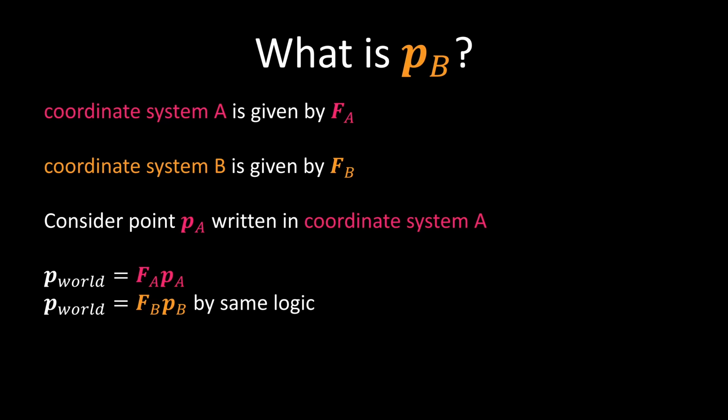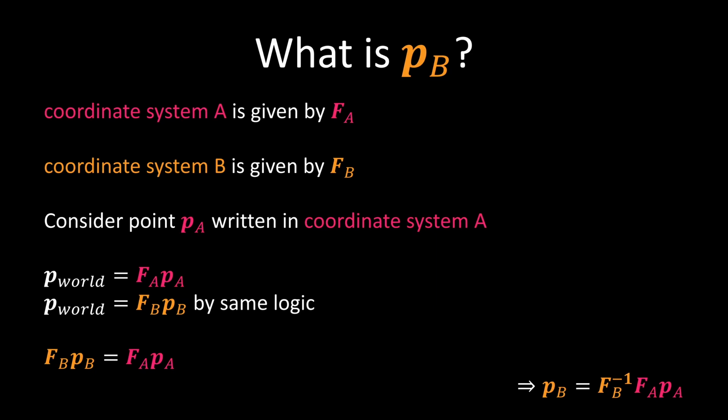And since we have two equations with P world on the left-hand side, we can equate them, and then invert F B to get an equation for P B. So the punchline here is that if we have a point expressed in coordinate system A, this is the equation that lets you re-express it in coordinate system B. The way that's actually done in the derivation is relating them through this world coordinate system that the actual coordinate systems A and B are expressed in.